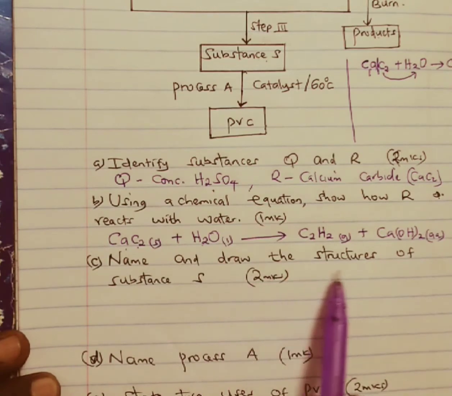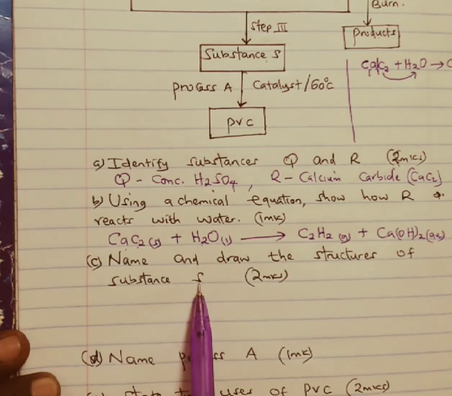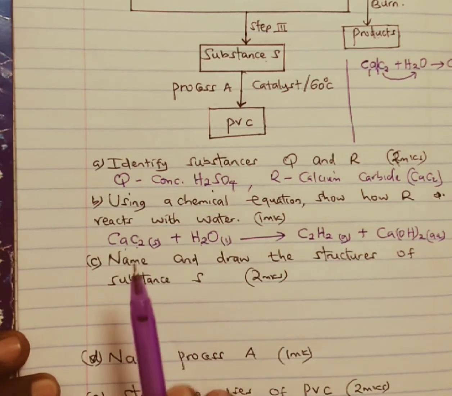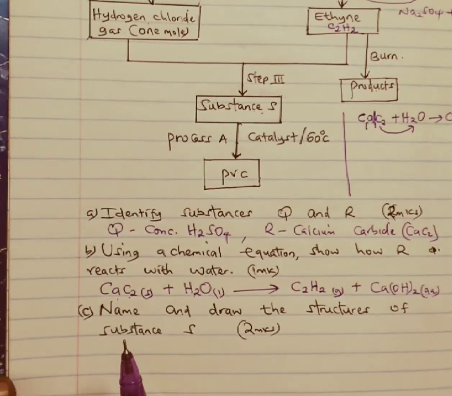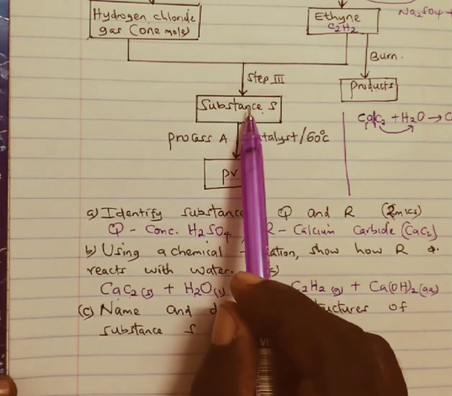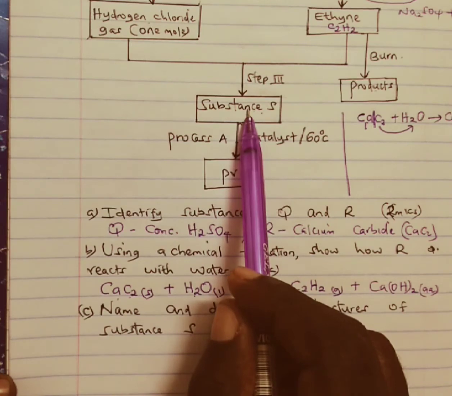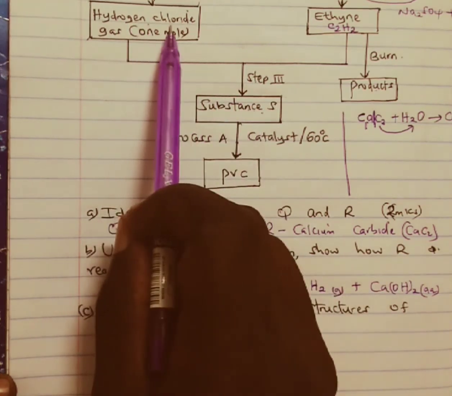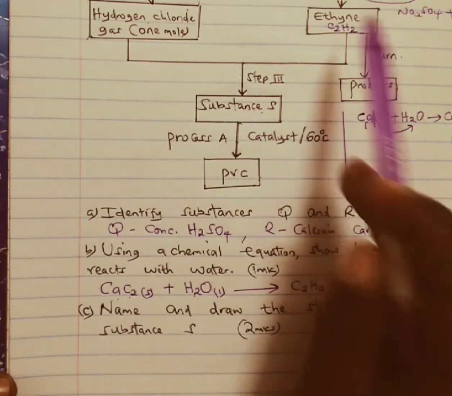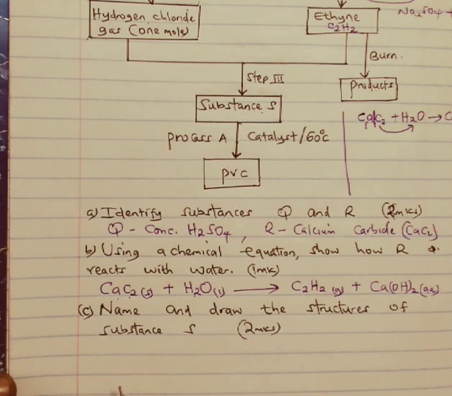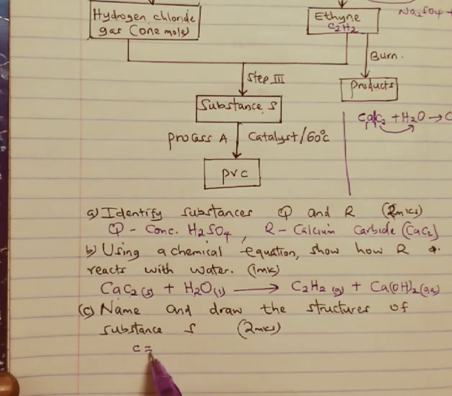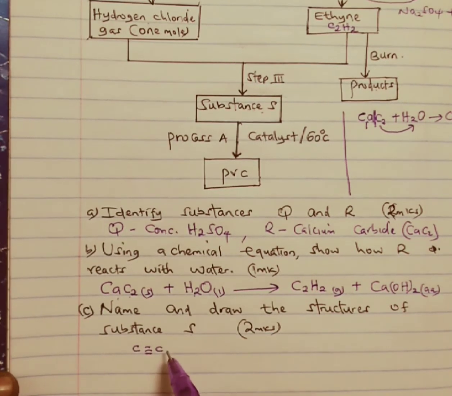C, we are told, name and draw the structures of the substances S. So if you look at S, S is formed as a result of the reaction between hydrogen chloride gas and ethane gas. And in this case now, before I draw the structure, let me show you how the reaction takes place. We have C, triple bond, that is for ethane.